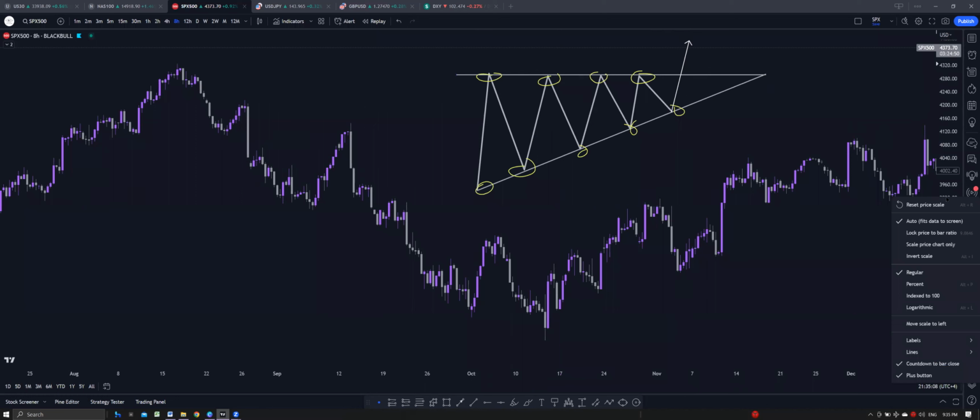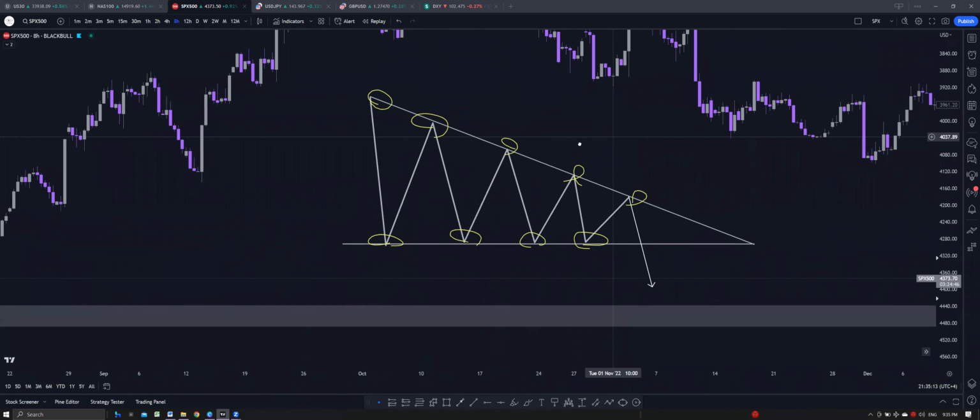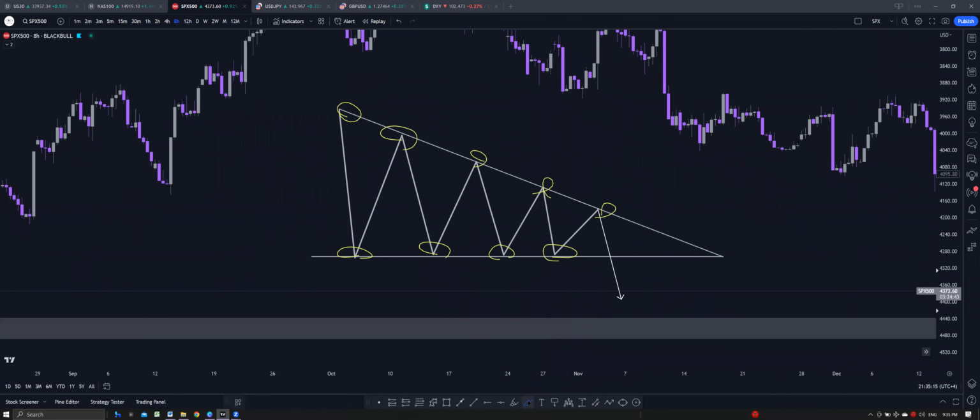If I had to actually invert this, let me invert this. And you see, this is a descending triangle. Again, the same story has been told. The sellers in the market in this case are creating new lower highs over and over again, but the buyers are holding the support and not letting the sellers penetrate from this low.